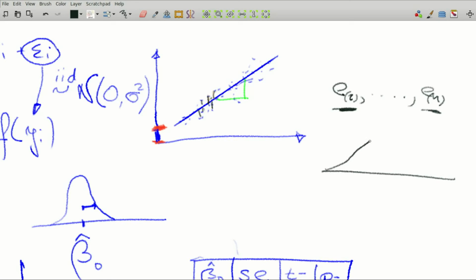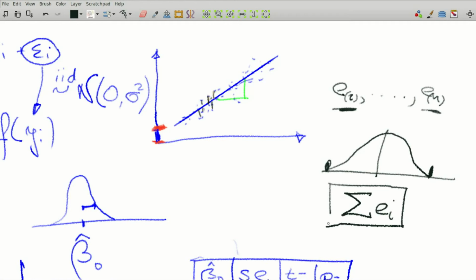I would like to have something which is very symmetric. Not too small values, not too large values, and all centered about 0. In one of the problems following up, I will ask you what is actually the average or the sum of the epsilon_i's, of these residuals here. We see that in a second.